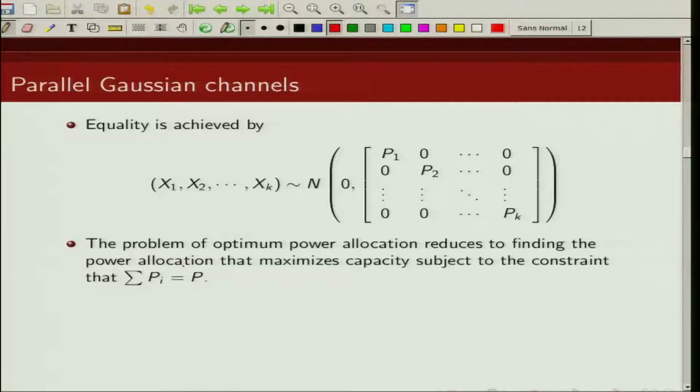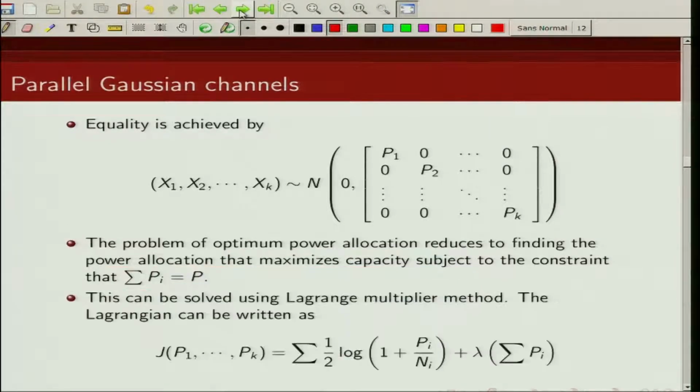So then the problem of optimal power allocation reduces to finding the power allocation that maximizes capacity subject to the constraint that the summation of the Pi is equal to P. Now we can solve this using the Lagrange multiplier method.